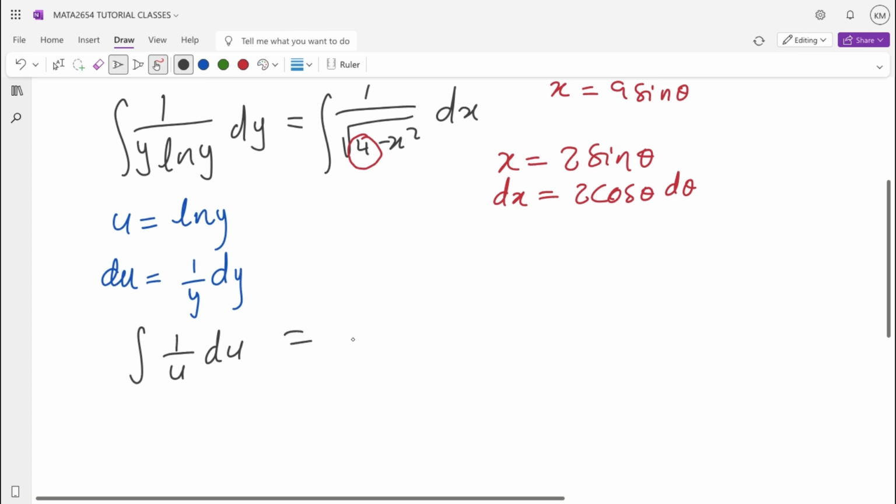And this will be equal to the integral of 2 cos theta d theta, then divided by square root of 4 minus. Now I know that my x here is 2 sine theta, so if I square it, I'm just going to have 4 sine squared theta. Okay, so notice that on the right side here we have what is common, which is 4. So we're going to take that as a factor out.